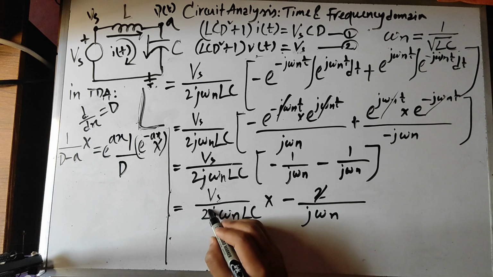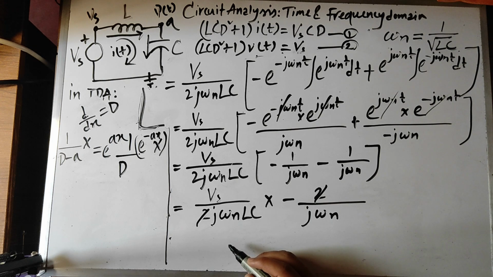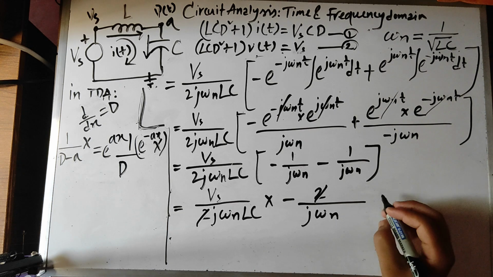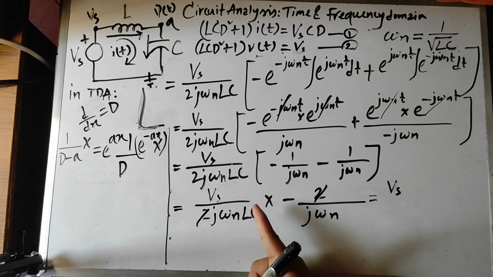These two cut out, j and j give minus 1, and minus 1 and minus 1 cut out, and it will leave us with Vs by LC omega n square.